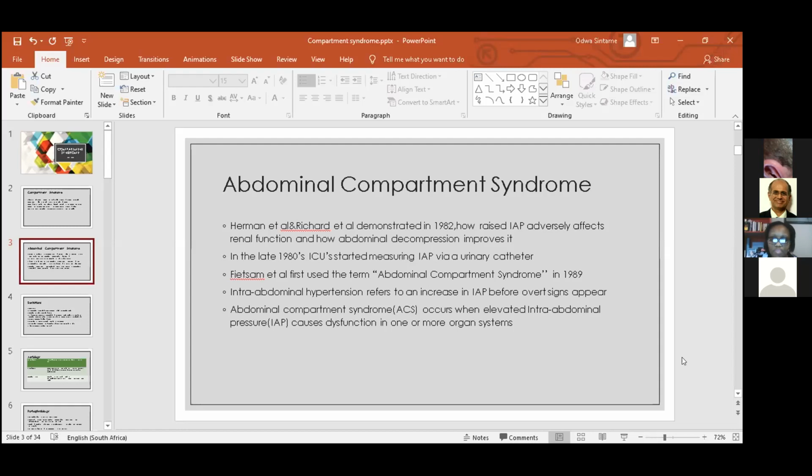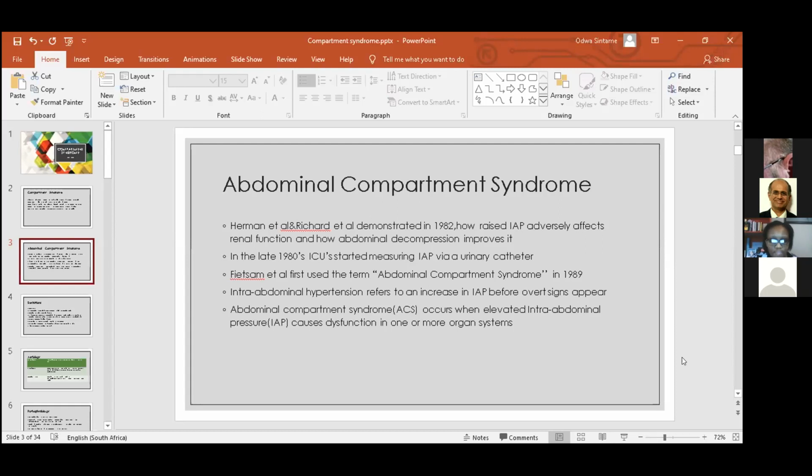Intra-abdominal hypertension refers to an increase in intra-abdominal pressure before overt signs appear. So you may have an increase in the abdominal pressure, but the patient doesn't exhibit any signs as yet. The term abdominal compartment syndrome applies when the elevated intra-abdominal pressure causes dysfunction in one or more organ systems.